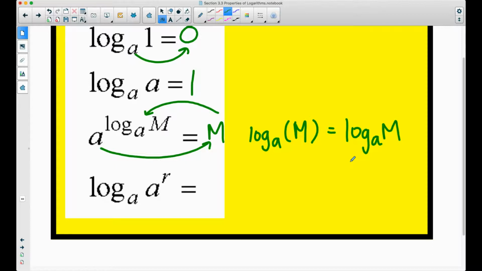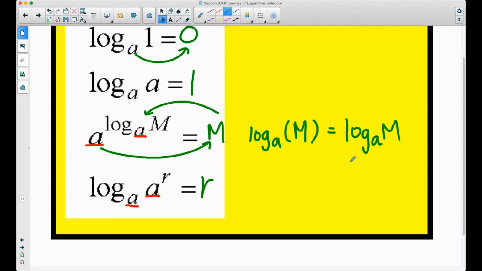Like I said, this one kind of messes with your mind a little bit because you're like, oh wait, there's a logarithm in there. But whenever you see the base of your exponent and the base of your log are the same, then it's just what you're taking log of. Same thing down here. The base of your log and the base of your exponent, we just get r.